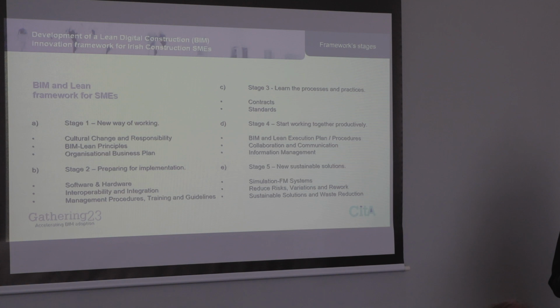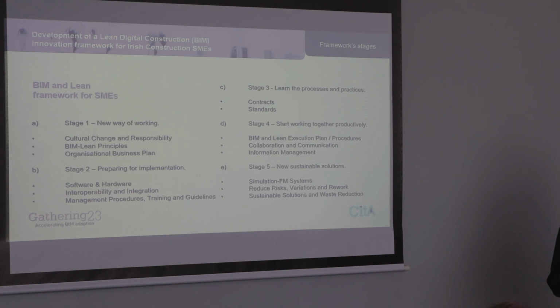That means using a BIM and Lean execution plan and finding ways to improve the collaboration and communication, potentially by using a common data environment, and also how you manage the collection of data, basically the information management. And lastly, stage 5, that is the last stage for now, is finding new sustainable solutions, because both BIM and Lean promote sustainability.